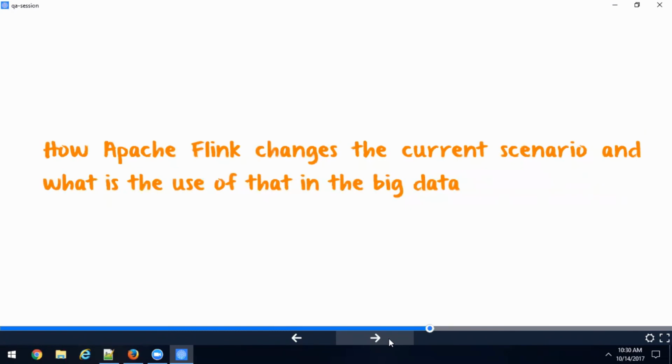So, how is Flink compared to Spark, right? The difference between Flink and Spark is the way the computation engine is implemented. Spark relies more on an abstract concept called RDD. It's basically an abstraction of your data set.